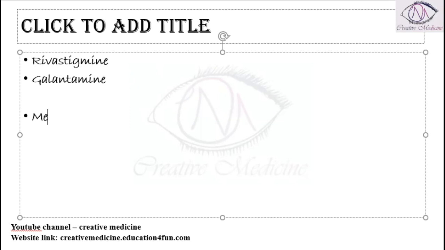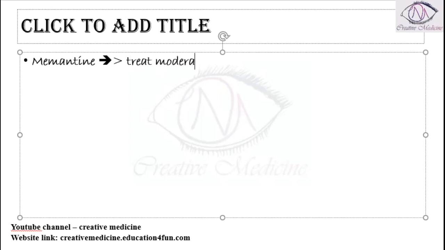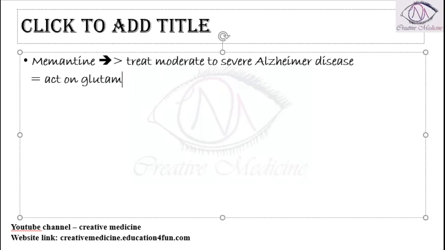We have one more drug which is called memantine. Memantine is used to treat moderate to severe Alzheimer's disease, and it will act on the glutamate system. It will block the receptors which are called NMDA receptors. The NMDA receptors are blocked by memantine.